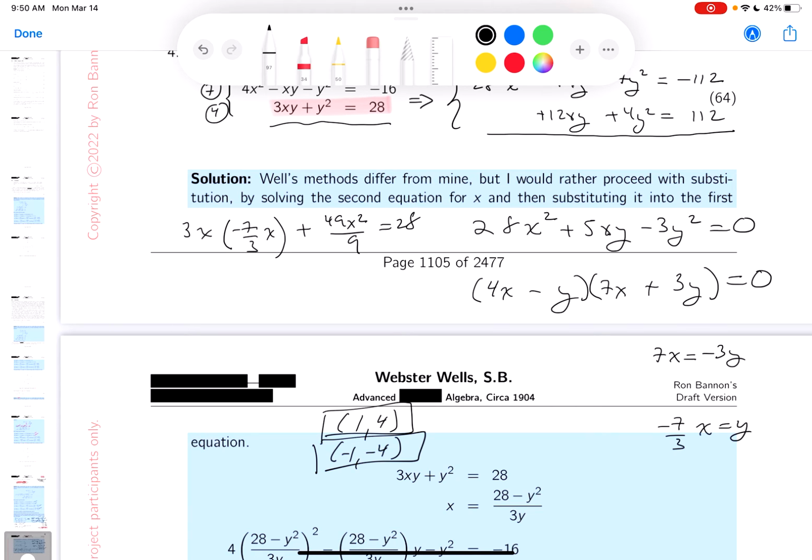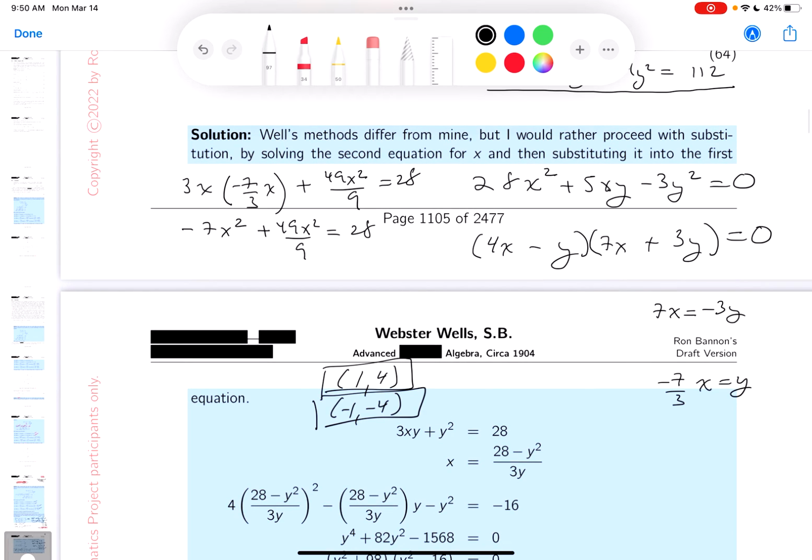This is more difficult, no doubt about it. So what do you get over here? You get minus 7x squared. The 3's cancel, right? And then you get 49x squared over 9 equals 28. Well, I'm going to have to do something with this, aren't I? So I'm going to combine these two terms over here. And that's going to be what? Minus 63, and I have to add 49. That's going to be minus 14, isn't it?